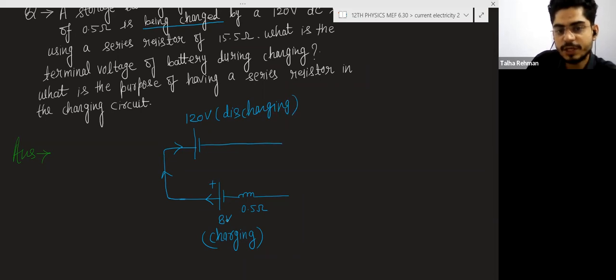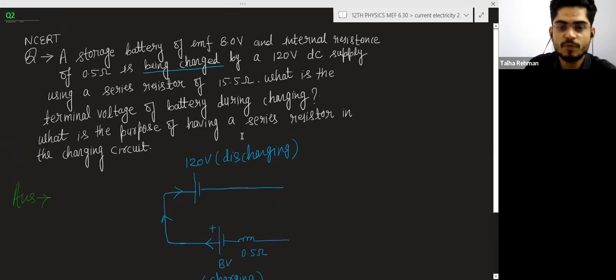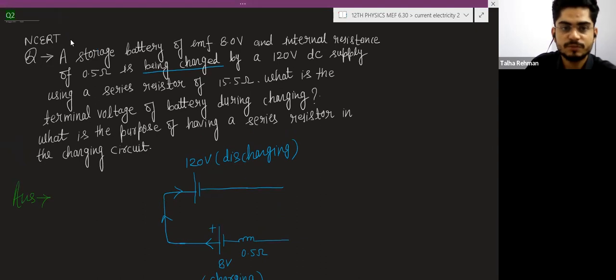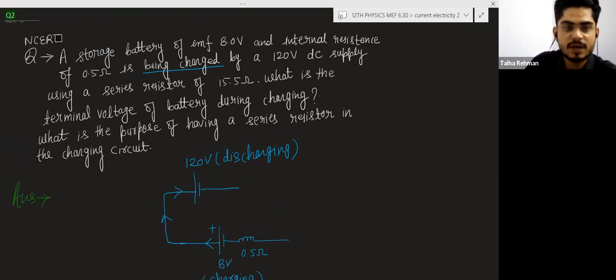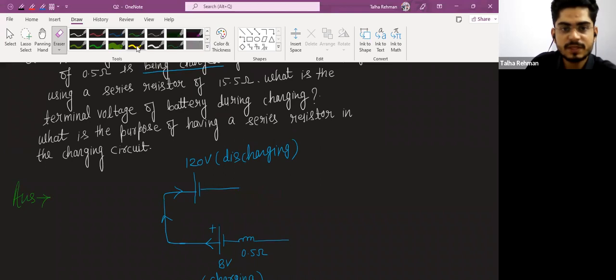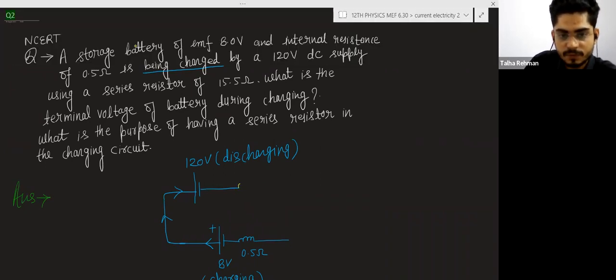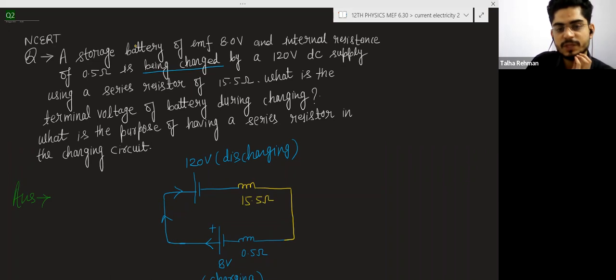One thing more here: a series resistor is also used in this connection, and the value of the resistance is 15.5 ohm.